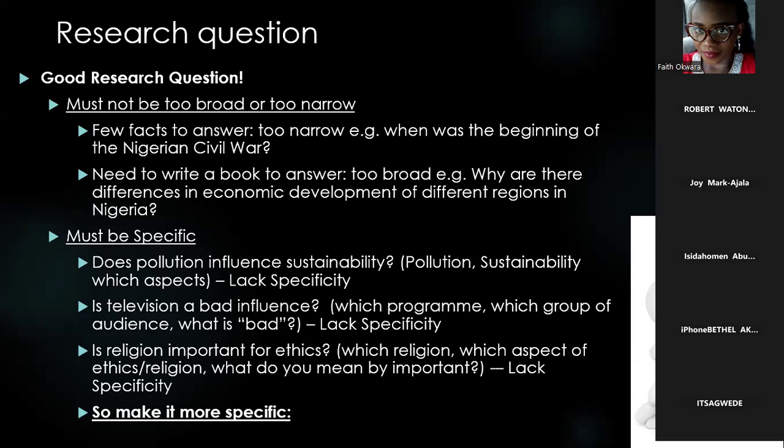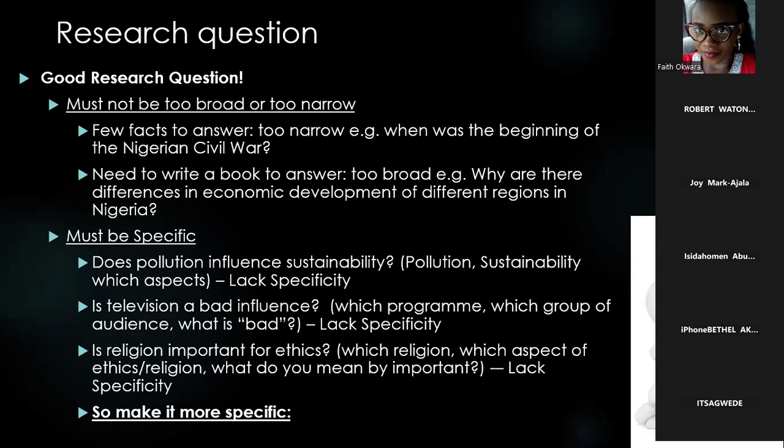If it is too narrow, then there are very few facts to answer, or too few facts to present. If the question is, when was the beginning of the Nigerian Civil War, and then we write the date, that's too narrow.